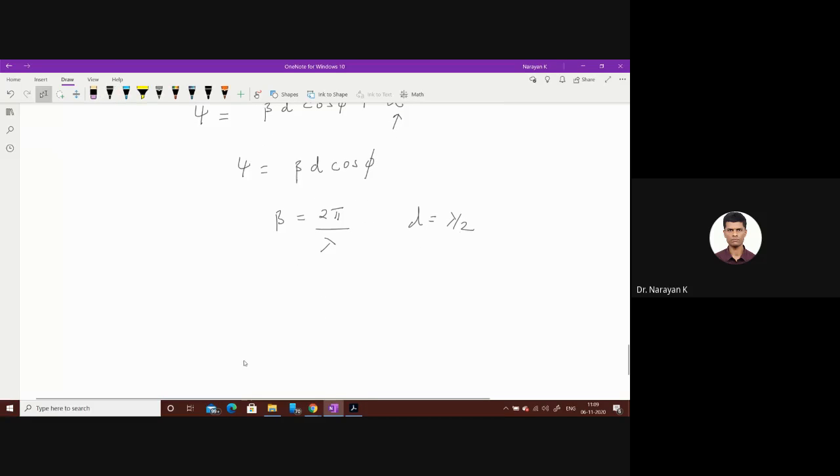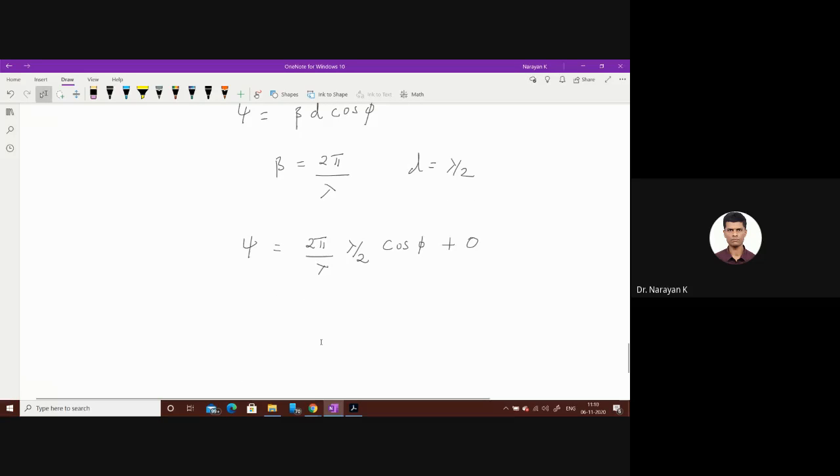So your psi will be equal to 2 pi by lambda by 2 cos phi plus 0. So lambda gets cancelled, 2 gets cancelled. What you will get is pi cos phi plus 0. That is your psi. Our psi is equal to pi cos phi.